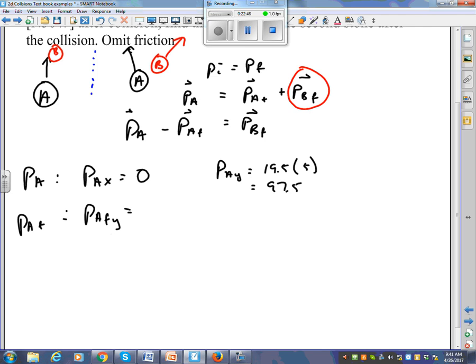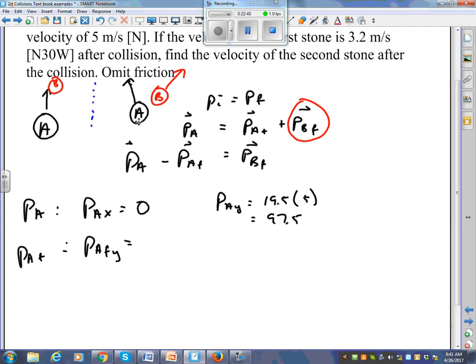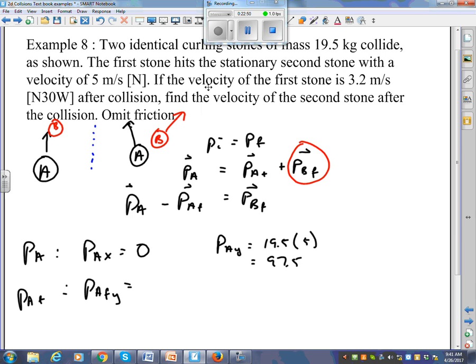What is the Y component of A going like this? So find the velocity of the first stone, it's 3.2 after collision. So these are the ones I'm looking at here, right? So it's mass times velocity. Again, 19.5. The velocity of the first stone after is 3.2.